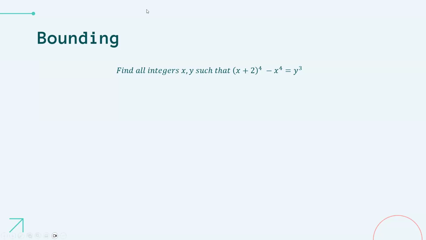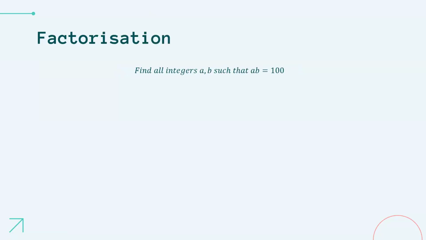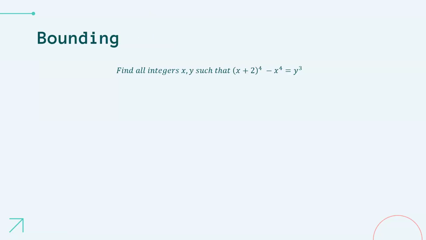The next technique is bounding. This is where you solve a problem using upper or lower bounds. Also, in the previous two problems, there was a lot of bashing. We had to go through all of the factors.